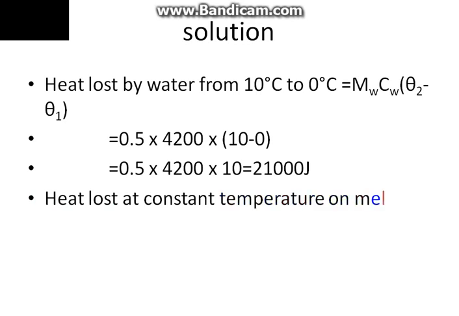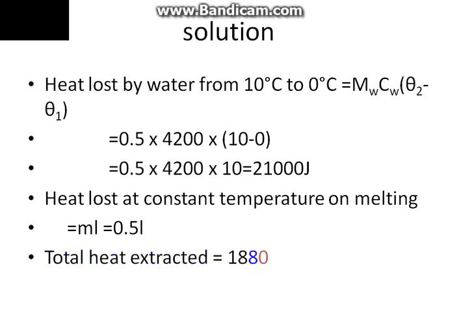Heat loss at constant temperature of melting is equals to ml, which is equals to 0.5 L. Total heat extracted is equals to 188,000, which is equals to 21,000 plus 0.5 L.